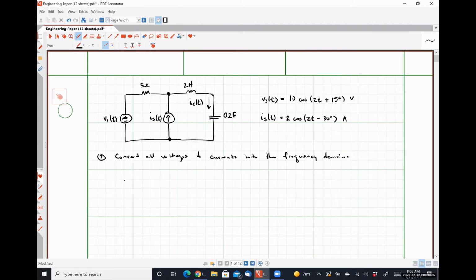So if I redraw my circuit here, what would the phasor representation of my voltage Vs of t be?